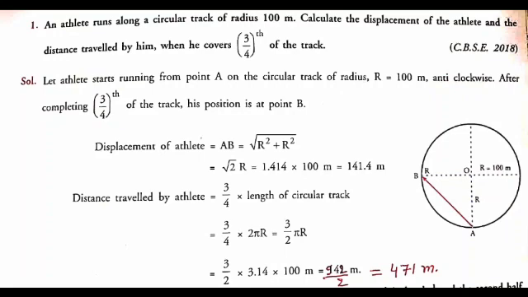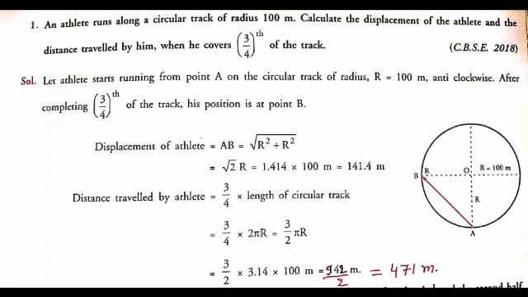Now distance traveled by the athlete is equal to 3/4 into length of the circular track. So we have 3/4 into 2 pi r, that is the circumference of the circular track, which gives 3/2 into pi r after calculation.